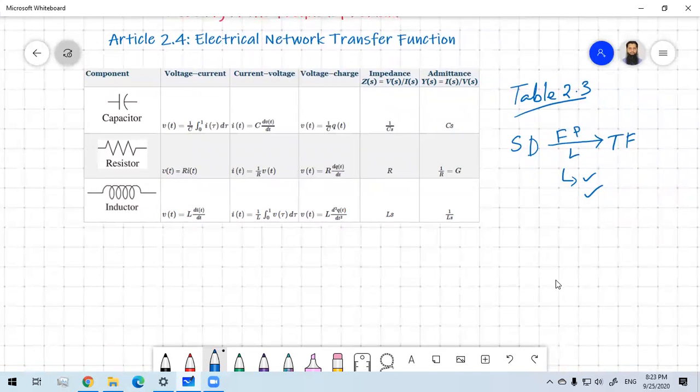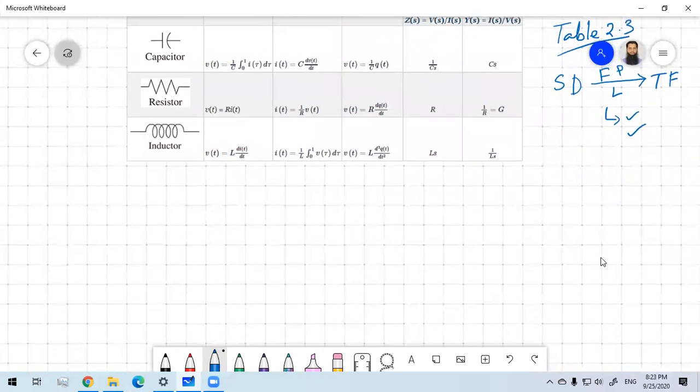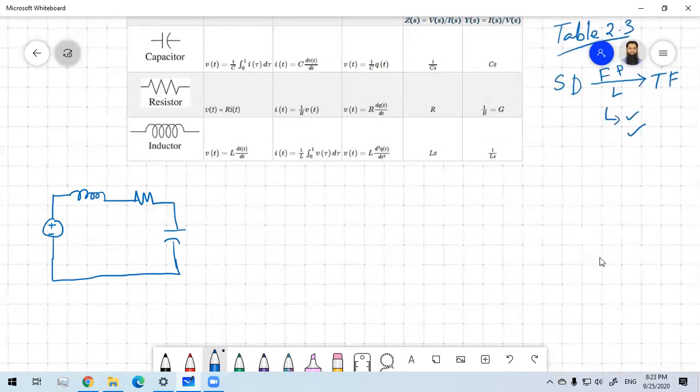Say we will start with a basic RLC circuit. An inductor, then a resistor, and then a capacitor. Say all these are time varying components, so small letter values.